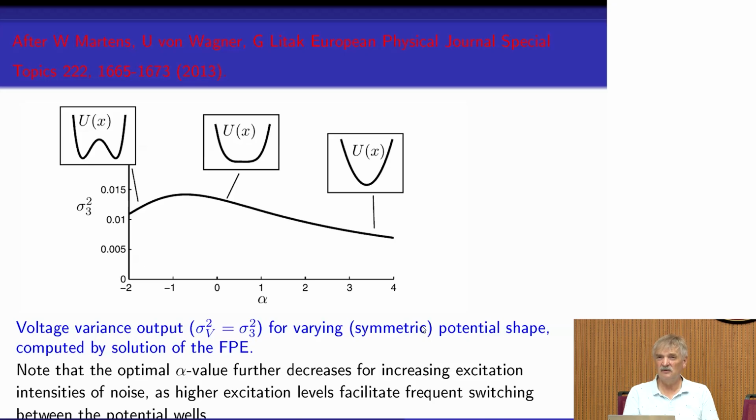So on the horizontal axis you see that alpha is starting from a negative value. If it is negative, you can expect that this is a double well. But if alpha is 0, then this is so-called quasi-zero stiffness, and if alpha is positive, you have a single potential well.